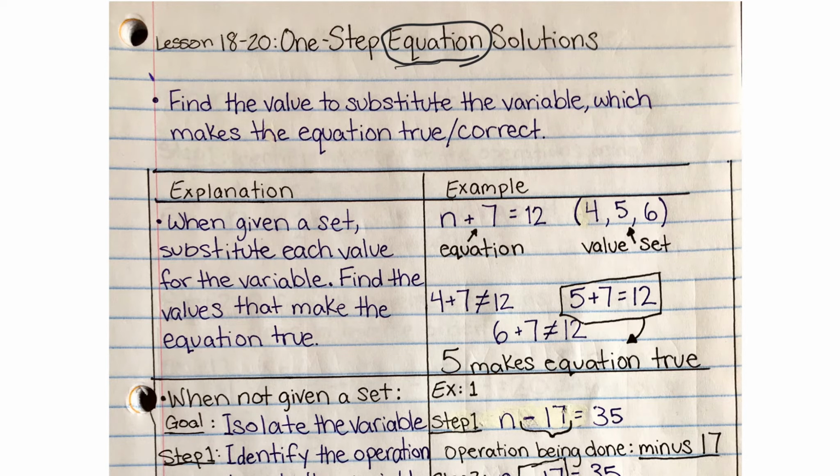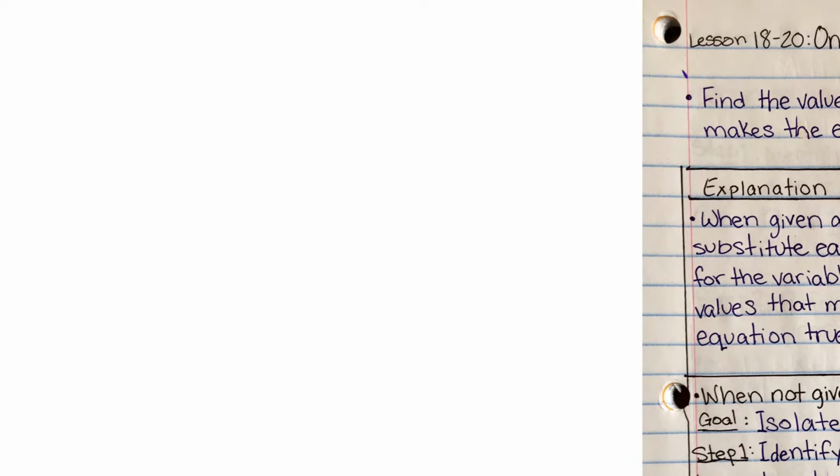So, moving on, in order to do this, we are going to need to find the value to substitute for the variable, which makes the equation true or correct. What that means is, let's say we have n + 2 = 3.